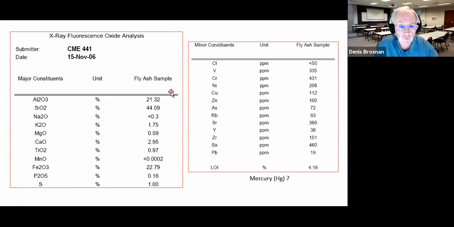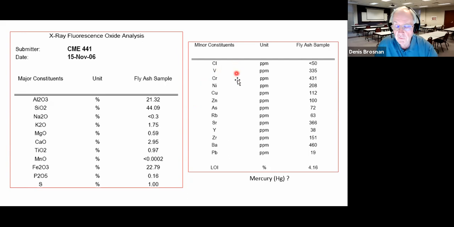In one of my classes, we did an X-ray fluorescence analysis on the fly ash, and you can see that we found alumina and silica, a little bit of alkali, and some basic oxide constituents, so a lot of iron. So nevertheless, you would guess at high temperatures that might have glass forming potential, and indeed it does.